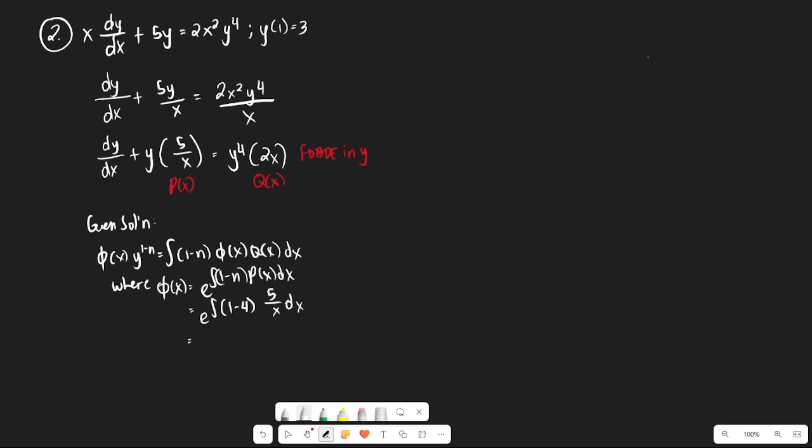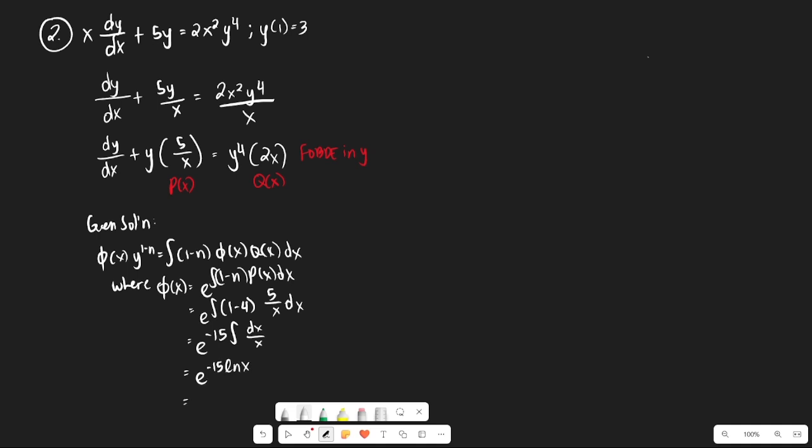Now, we have right here 1 minus 4, that is negative 3, times 5, so we have negative 15. Negative 15, we can take that out, and then we're going to have just dx over x inside our integral. Now, the integral of dx over x is just ln x.